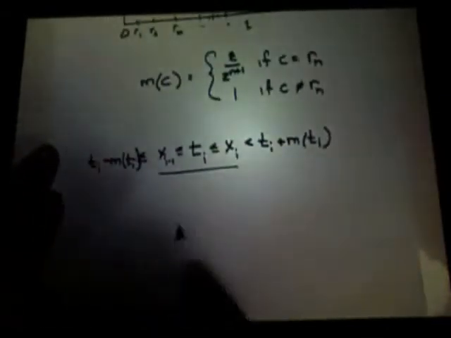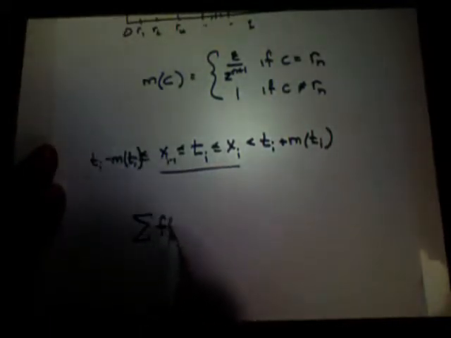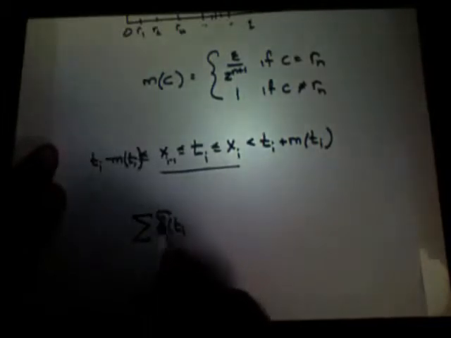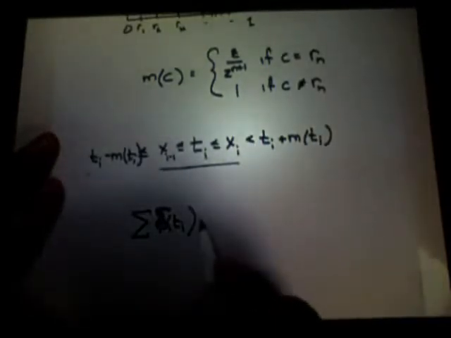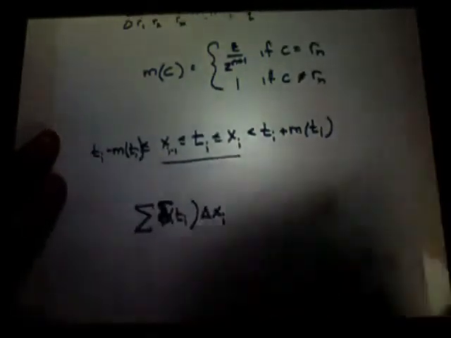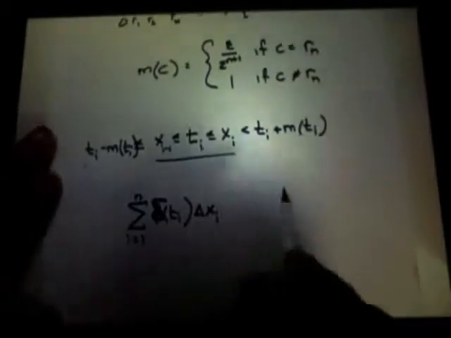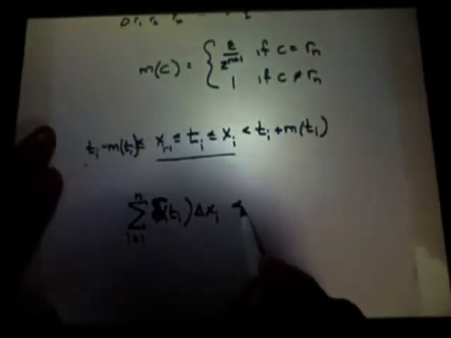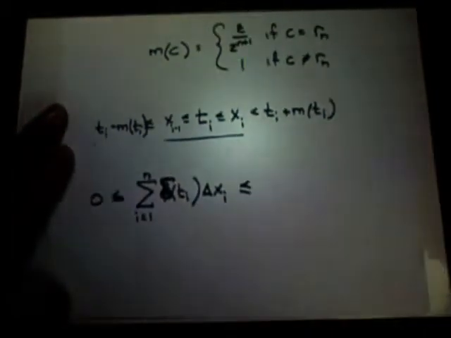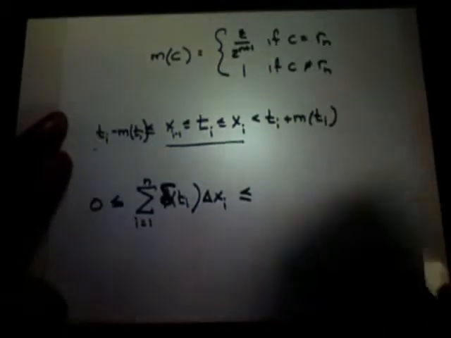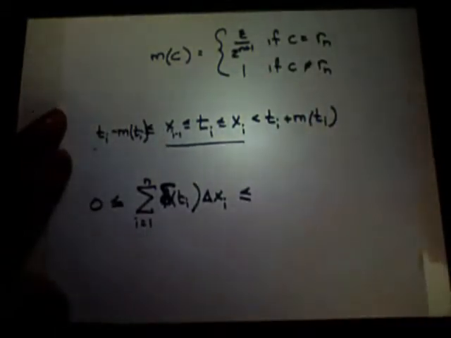Is it pretty clear that the sum of the Dirichlet function, delta of ti, delta xi, i equals 1 to n, for any n, is certainly going to be greater than or equal to 0, and less than or equal to, well, the worst thing that can happen is the partition picks up all of the rational points, but it doesn't even go that far because it has to be finite.